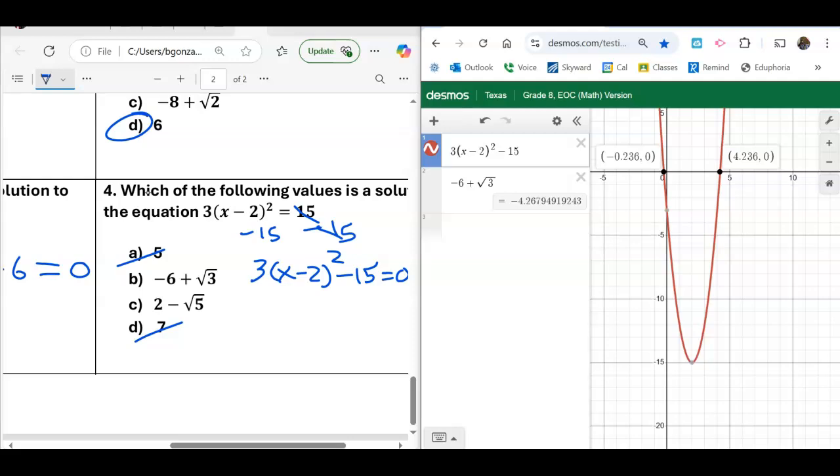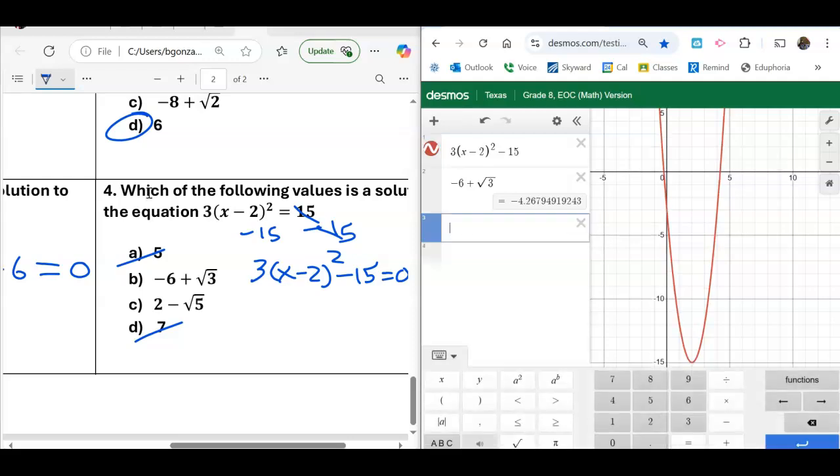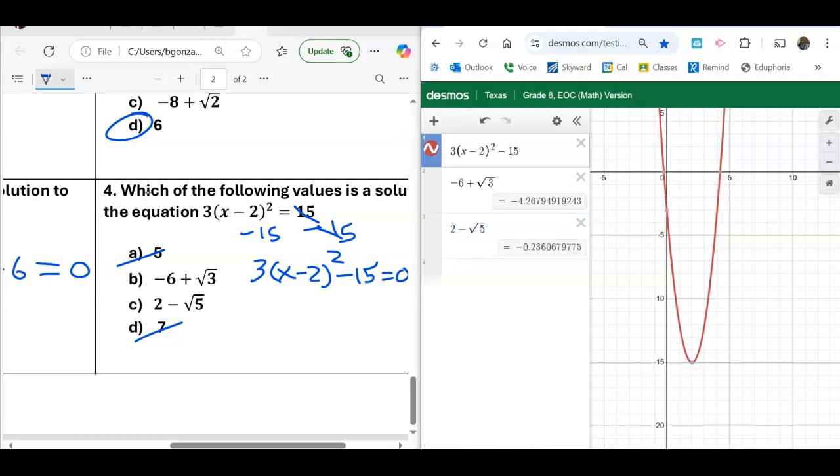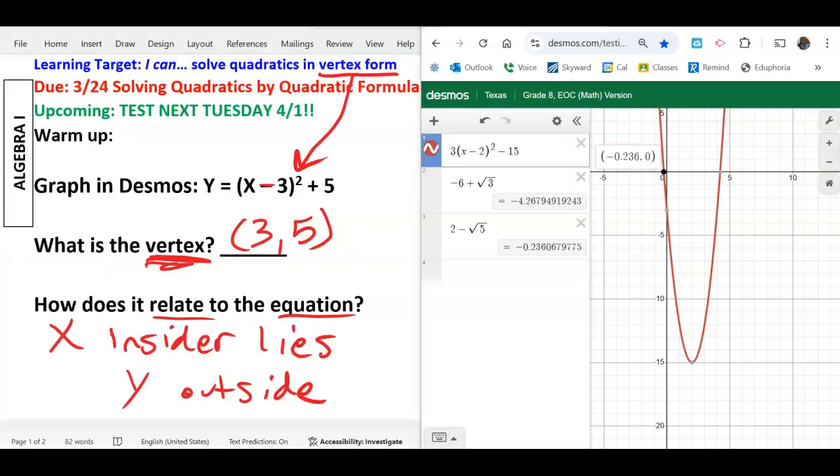Do these match? Kinda, but what's missing? This is a negative 2.67 on Desmos. This over here is a positive 4.23. They're not the exact same if the positive or negative is wrong. Let's try the next one. 2 minus square root of 5. Now that, negative 0.23, negative 0.23, that's the answer, okay? You got to have the right sign or it will not work.